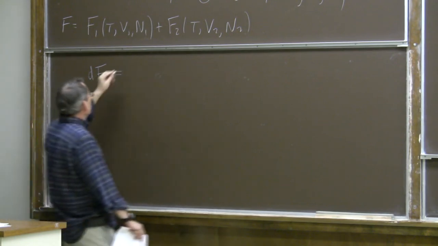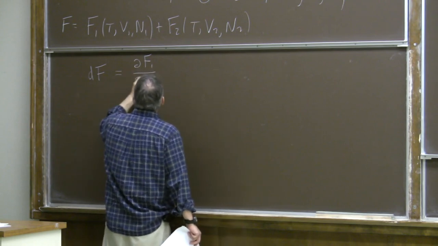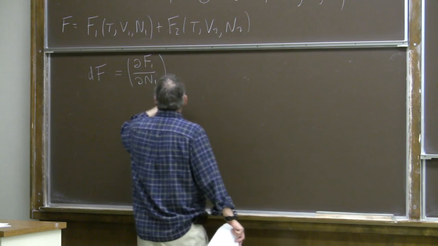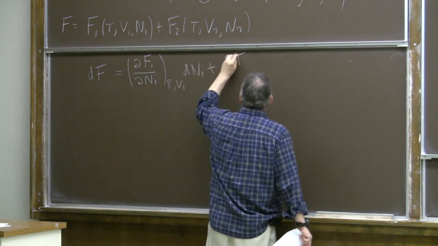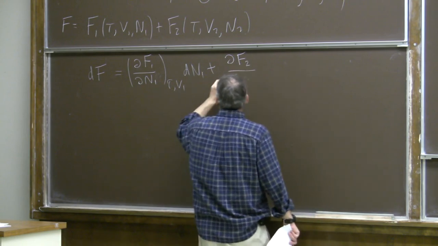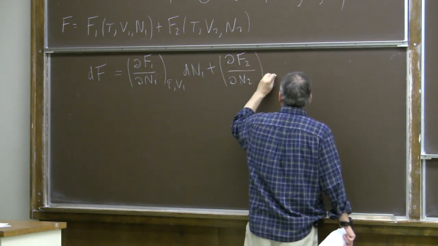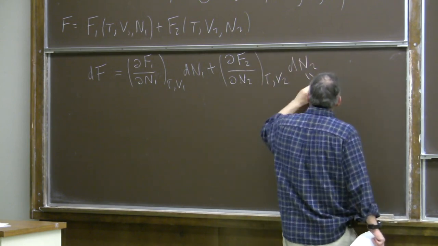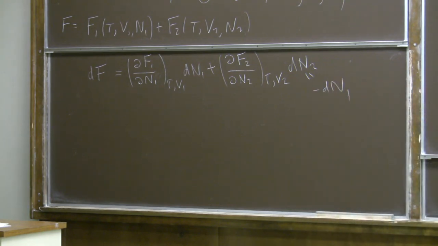In general, we'll have partial derivative of F1 with respect to N1 with temperature and volume fixed times dN1 plus partial derivative of free energy of system 2 with respect to N2, temperature and volume fixed, dN2. dN2 is equal to minus dN1, since the total particle number is fixed.